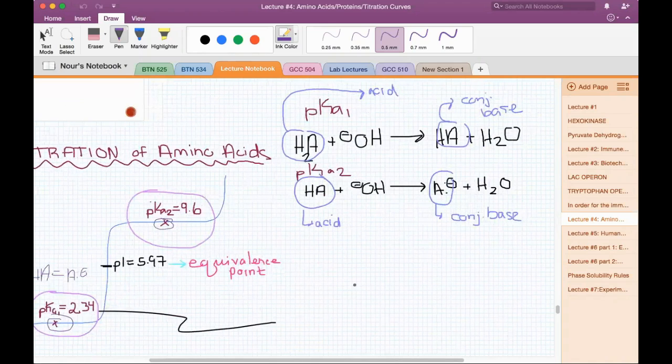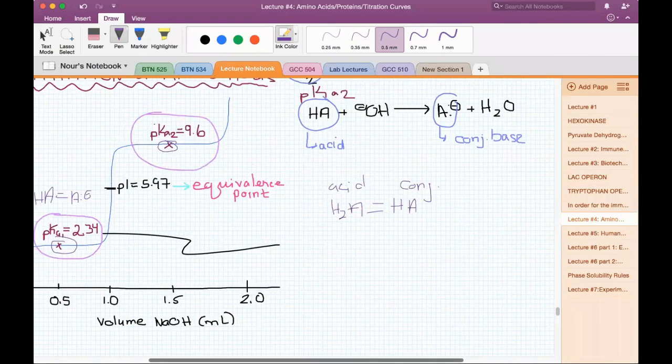In this case, this one is 2.34. The amount of A equals HA. This is the acid in this reaction, and this is the conjugate base. The acid's hydrogen got stolen by the OH group, and it became H2O, and this was the conjugate base that resulted.